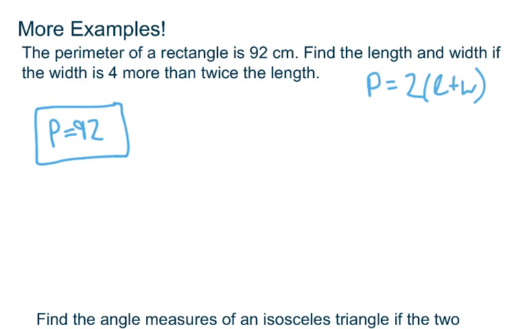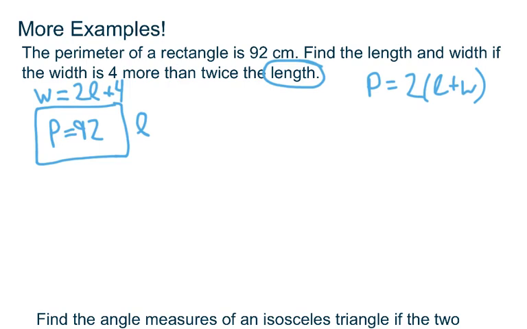Find the length and width if the width is 4 more than twice the length. So here's the thing. We don't know anything about the length. So that's going to be our variable. Our width here is equal to 4 more than twice the length. So that's going to be 2L plus 4.